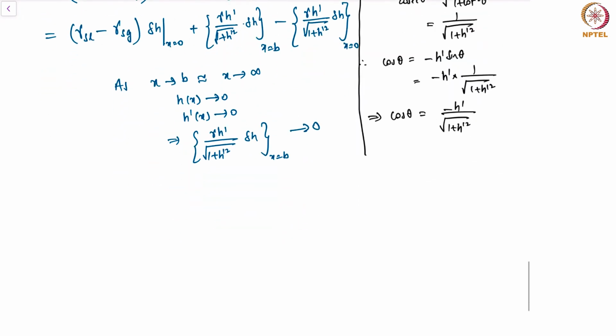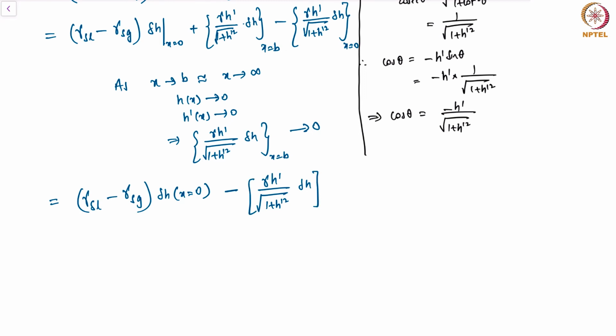Now this expression essentially becomes gamma SL minus gamma SG times delta h evaluated at x equal to 0, minus gamma h prime by square root of 1 plus h prime square times delta h, also evaluated at x equal to 0.